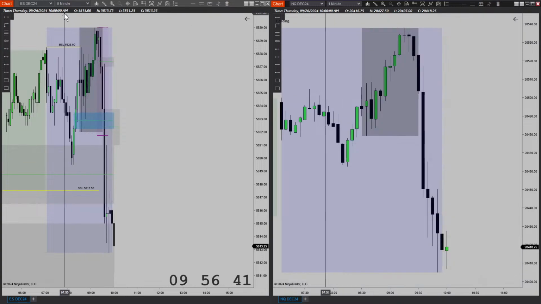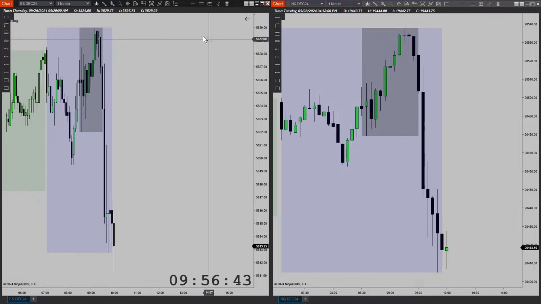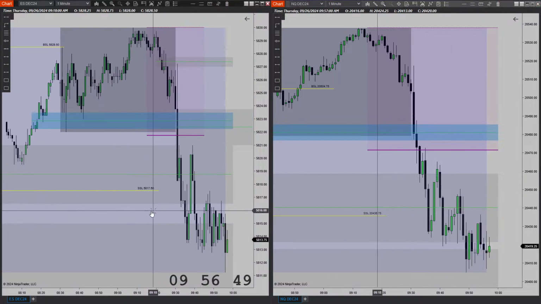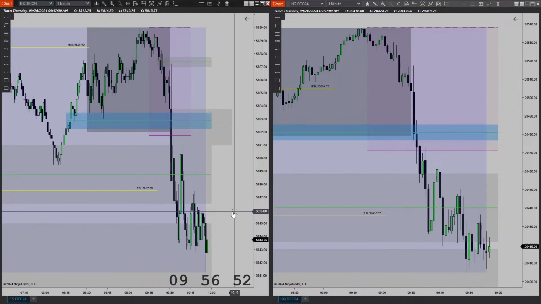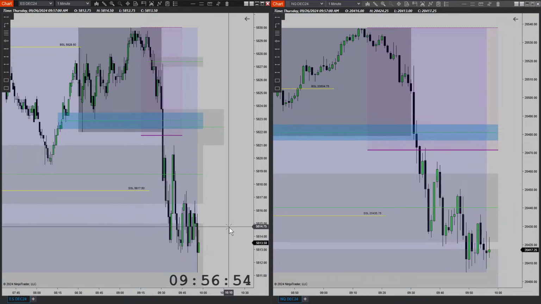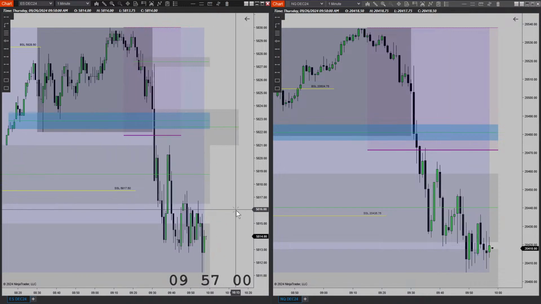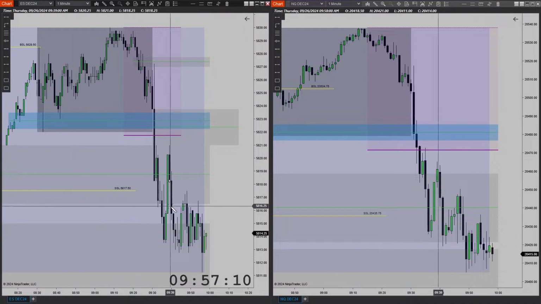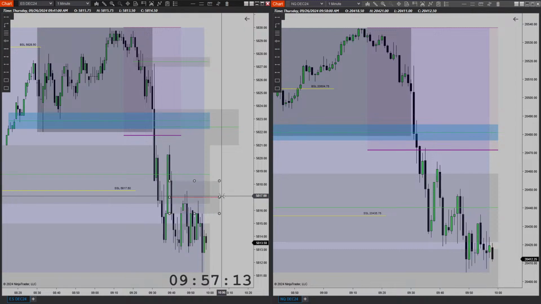Ooh, let's take a look. Maybe even just to catch a few points. Okay. I would first want to see price get above this inverse here to target these relative equal highs.